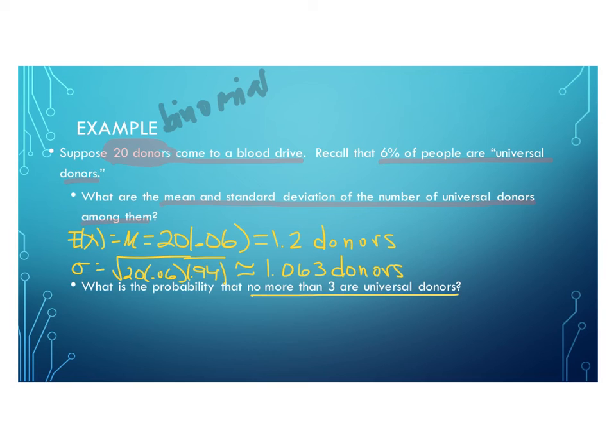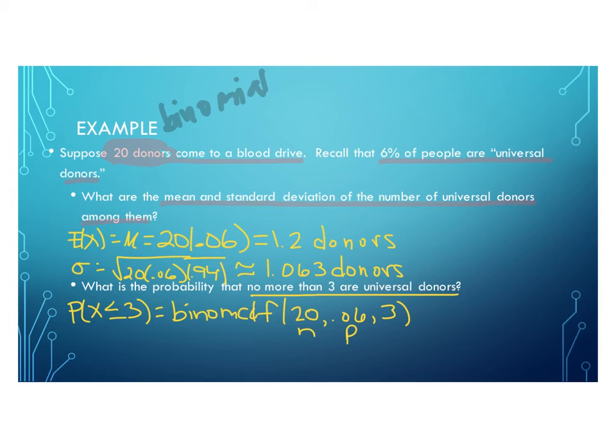But it's binomial. If I had it my way, I would do the probability that x is less than or equal to 3. And there's a binomial feature in the calculator called binomial CDF, which stands for cumulative probability. And you would do your 20, comma 0.06, comma 3, and you would label the n and the p.